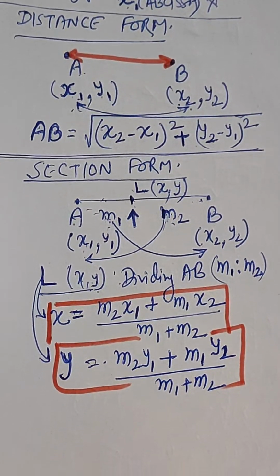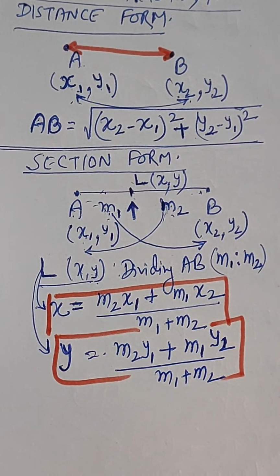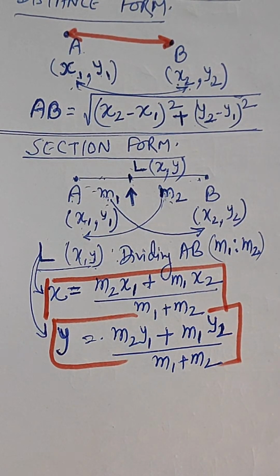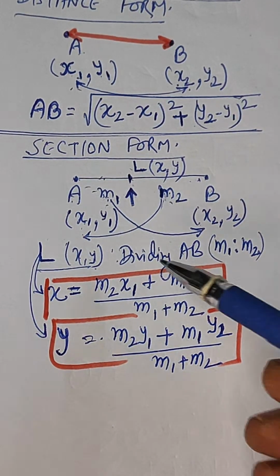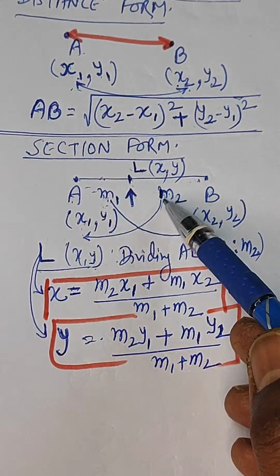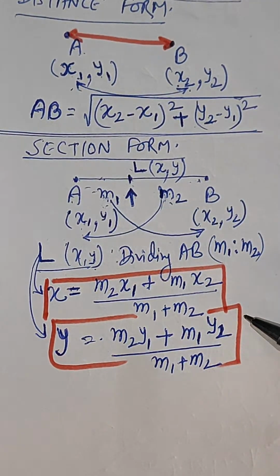Now we will see the applications also. We have seen the distance formula and the section formula, and we will do the applications like this. Whenever we are going to solve such questions where a certain ratio is given to you, we can use this.